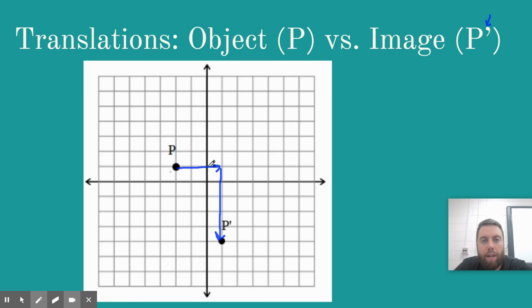So 3 to the right and 5 down. Now we can see this in a way where our old point, they took the x and they moved it 3 to the right, which is adding 3 to the x value. And the y has been moved down 5. So that's just going to be a minus 5.